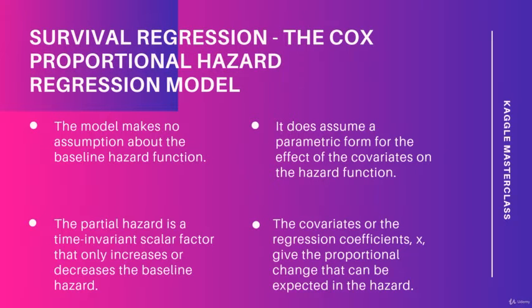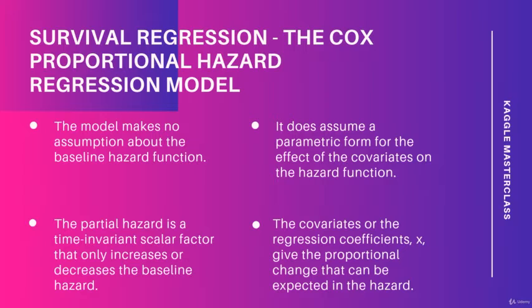The model makes no assumption about the baseline hazard function. It does assume a parametric form for the effect of the covariates on the hazard function. The partial hazard is a time-invariant scalar factor that only increases or decreases the baseline hazard. It is similar to the intercept in an ordinary regression.